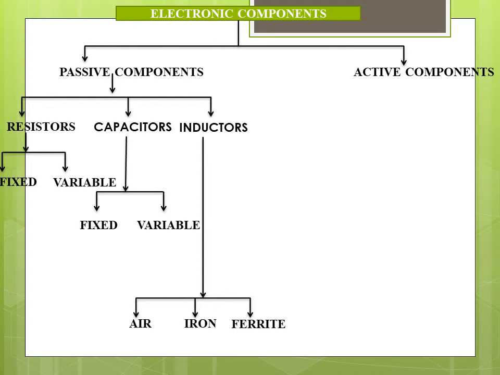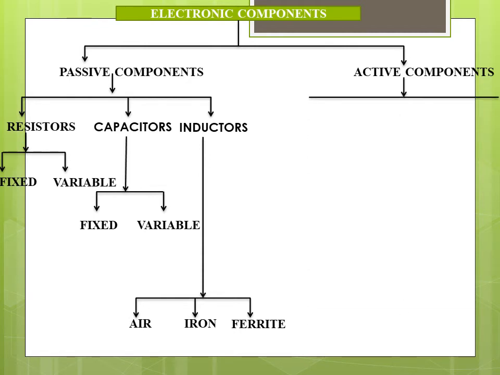So passive components, which do not perform amplification and rectification, are classified into three parts: resistors, capacitors, and inductors, which are further divided. Resistors and capacitors are divided as fixed and variable. Inductors are further classified as air core, iron core, and ferrite core.